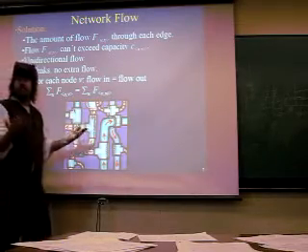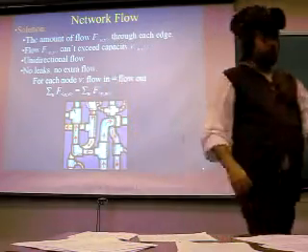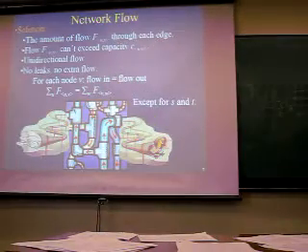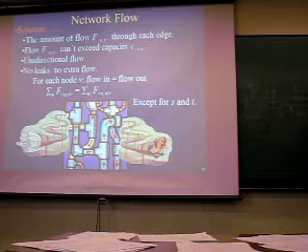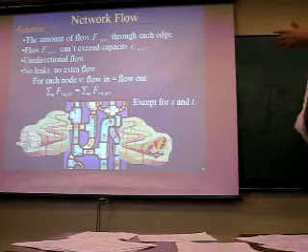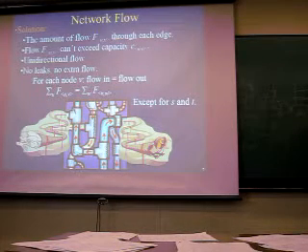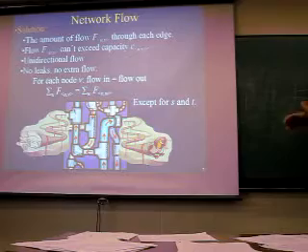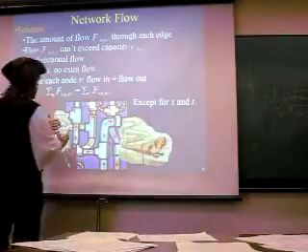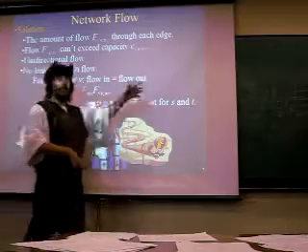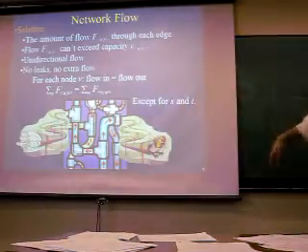Does that make sense? Of course, that's not true for S and t, because more is flowing out of S than coming into S. You can think about it as we're feeding it some amount here and at the other end it's draining out.